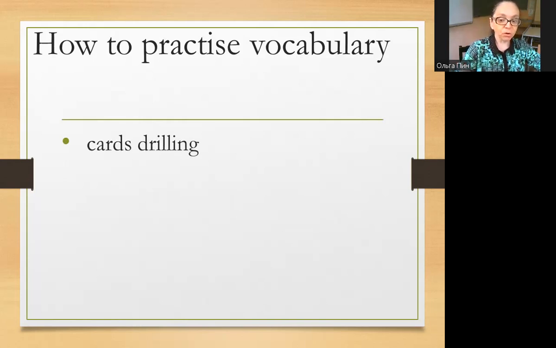After that, you take away one card, but still make the students say all the words. Then you take off the second card, and so it goes on and on until the students say all the words with the empty board, which means they have memorized the words.